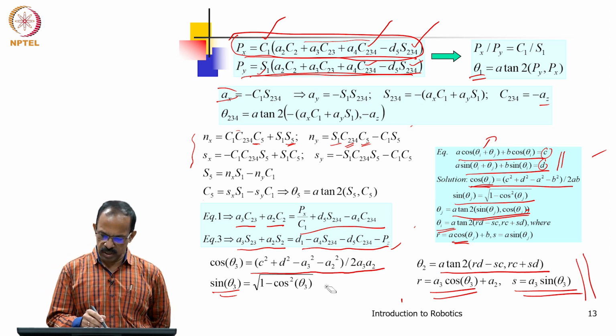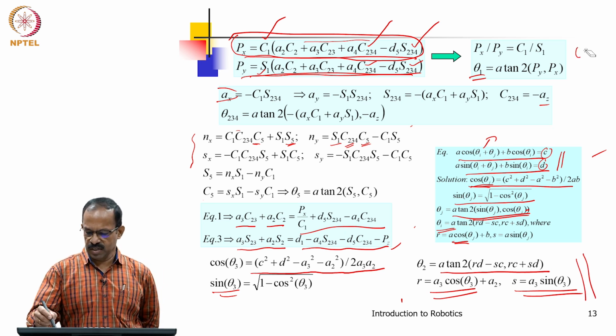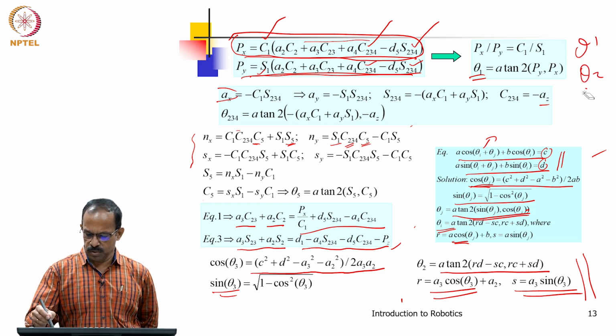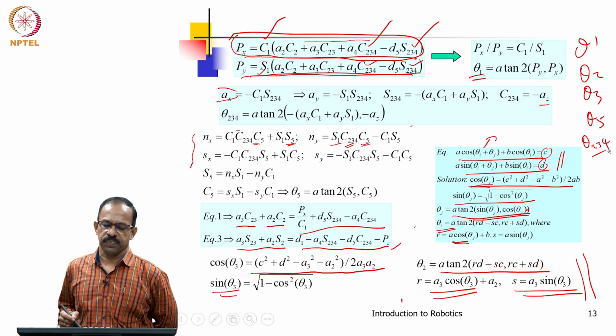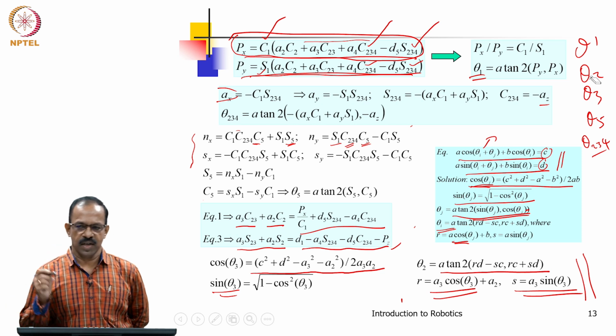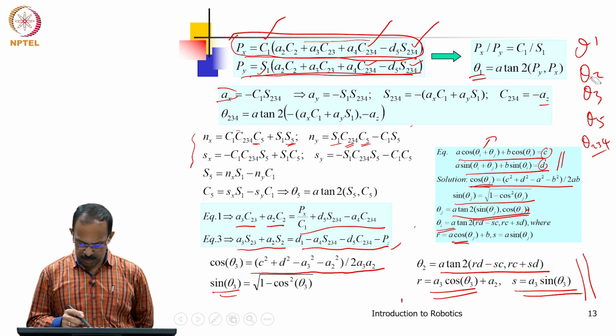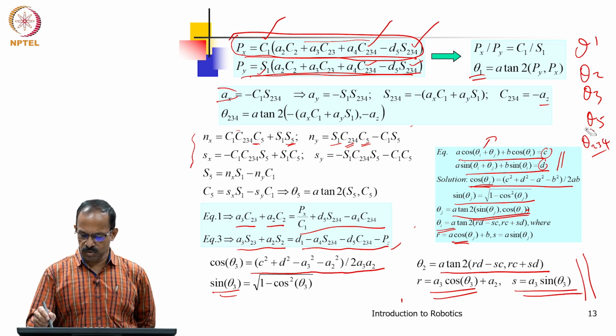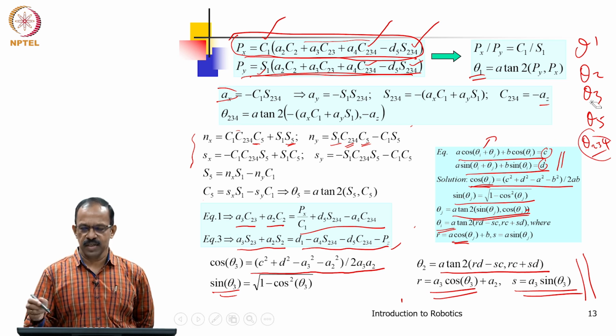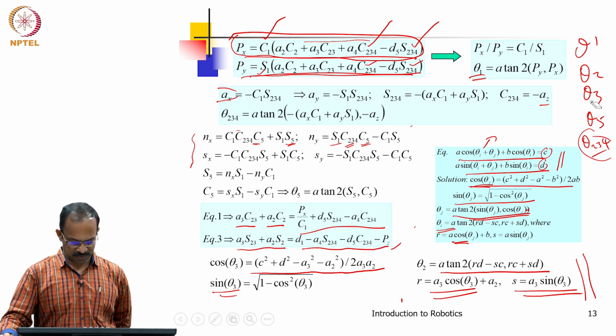So, theta 2 we got, theta 3 we got. So, we got theta 1, theta 2, theta 3 and theta 5, and plus we have theta 234 also. So, the only thing remaining is theta 4, and theta 4 can be obtained, of course, from theta 234: you subtract 2 and 3, you will be getting theta 4.